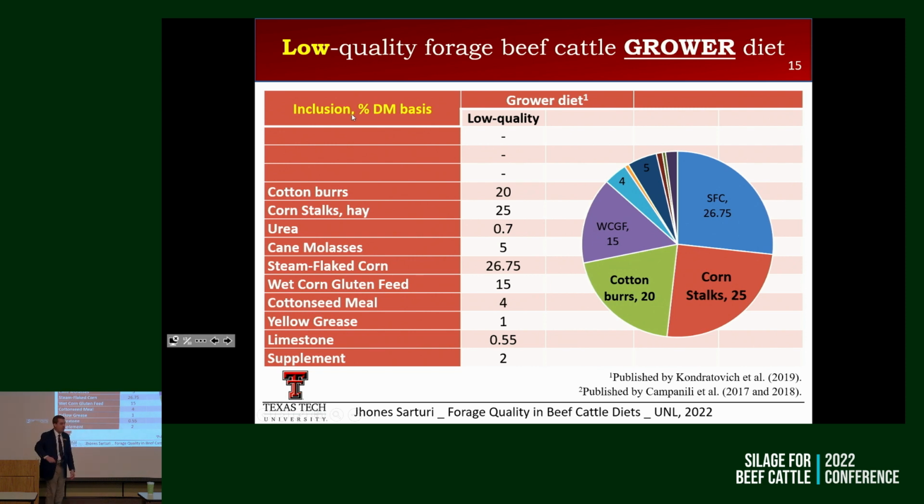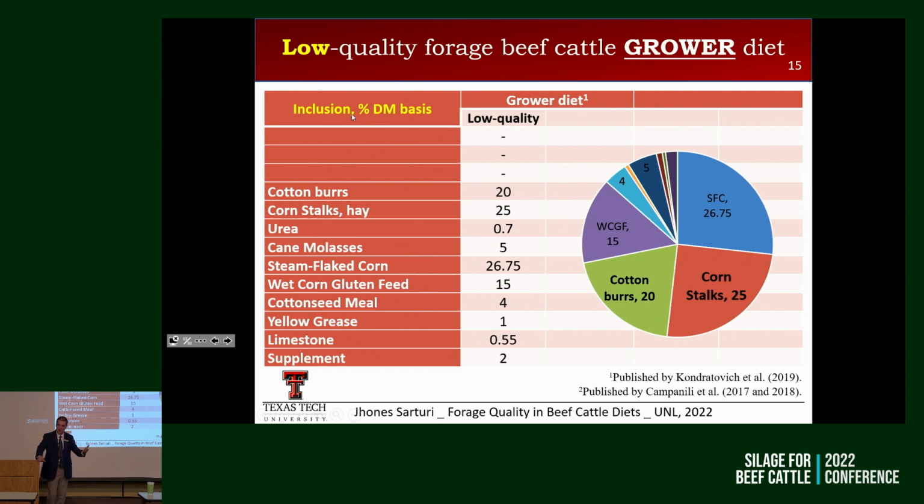If I take only these two ingredients and improve the NDF digestibility from these two ingredients only by 10, 20, and 30%.